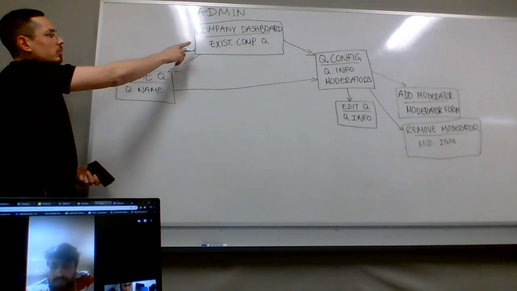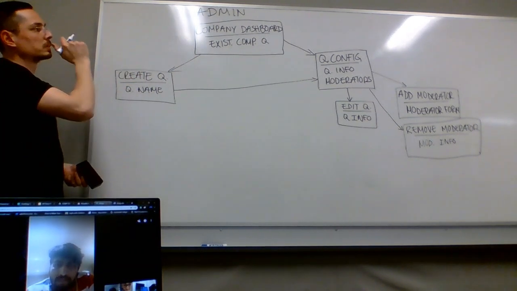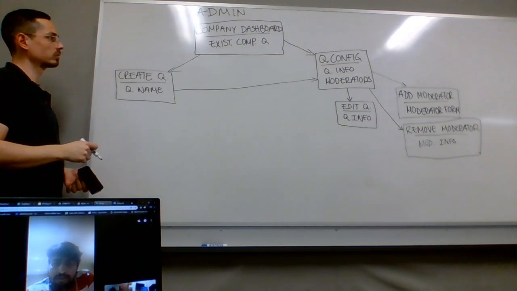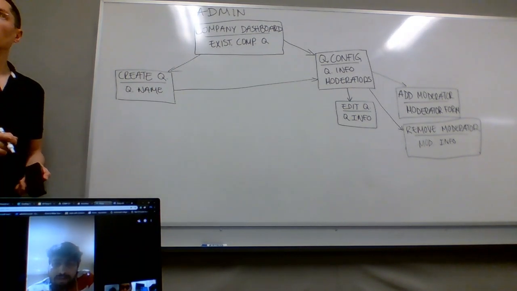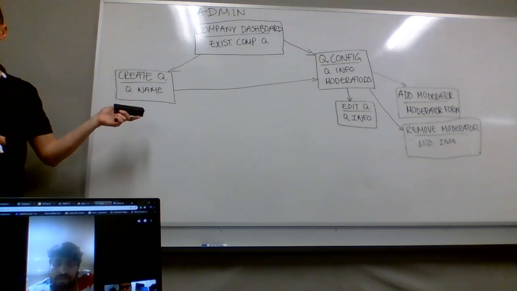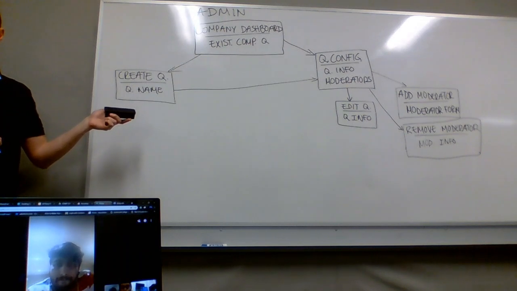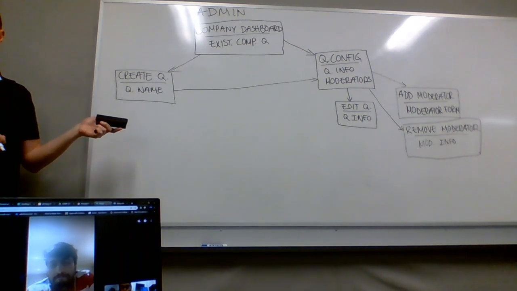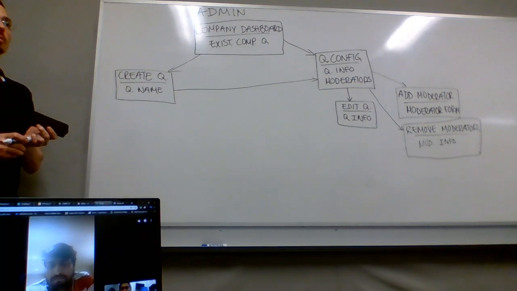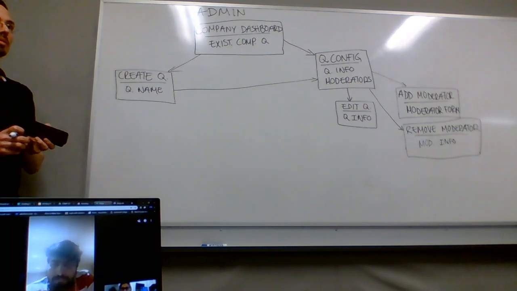But we already have the company information. No, I mean if you're trying to create a new queue for a company. Oh, isn't this the space for a particular company? Yeah, but then we would be creating queues for different companies, right? That would be happening here. But we're assuming that the admin works for just one company, right?